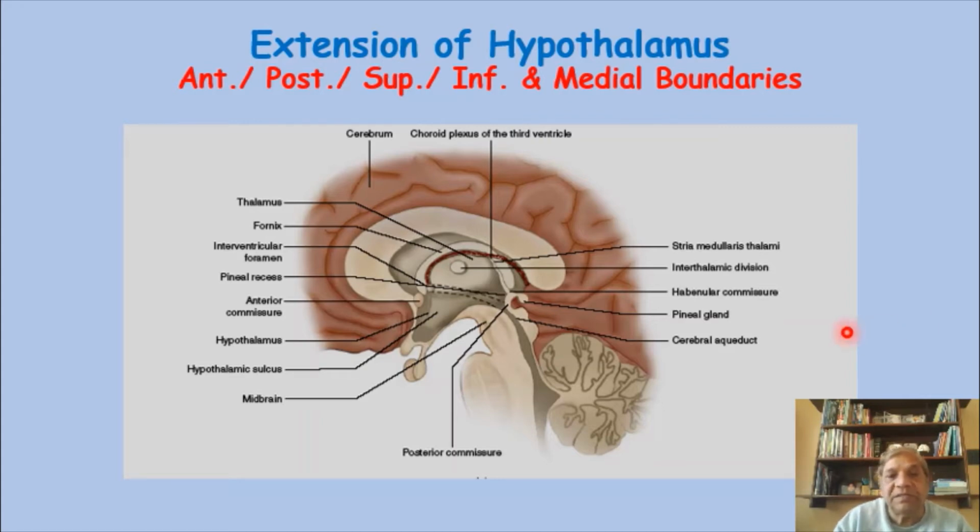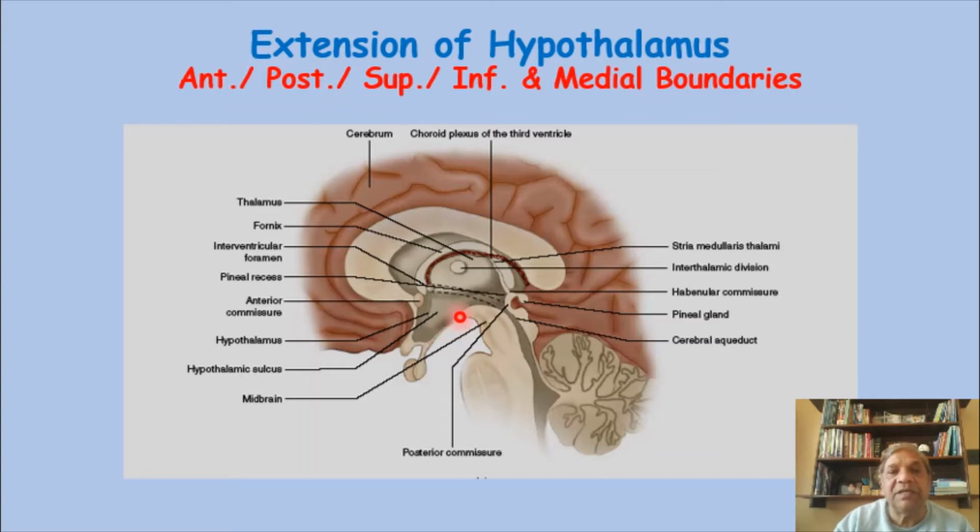Now if you see the extension of the hypothalamus, this is a small triangular area which lies below the hypothalamic sulcus. It extends from the lamina terminalis anteriorly to the mammillary body, which is not shown in this diagram, but this is the location where my cursor is. This is the location of the mammillary body.